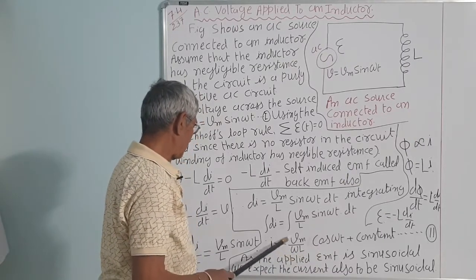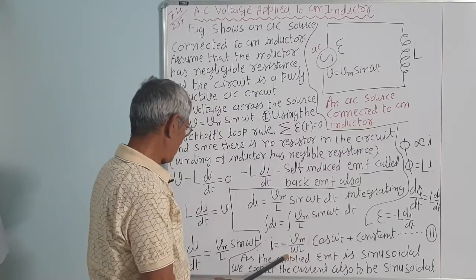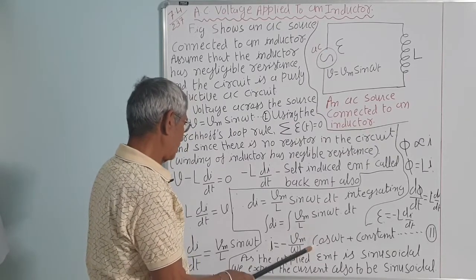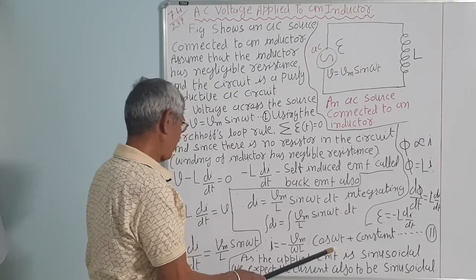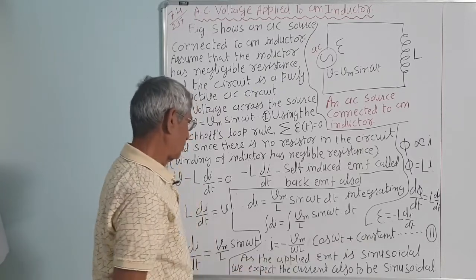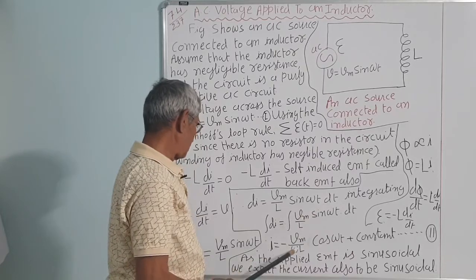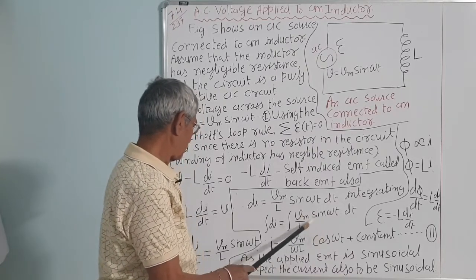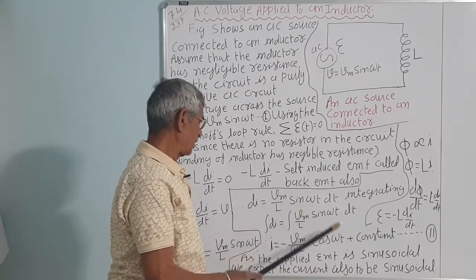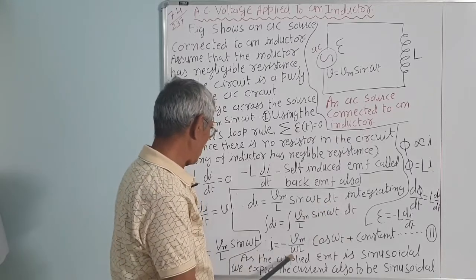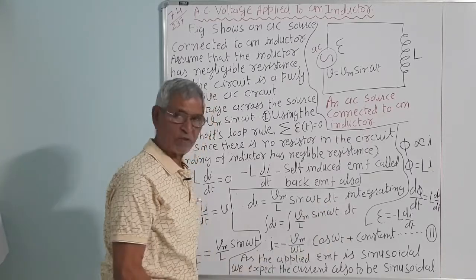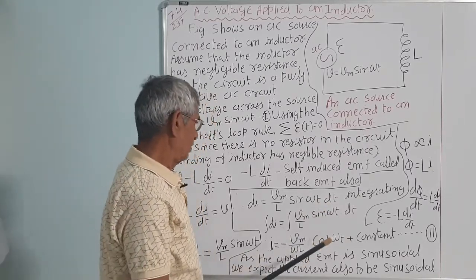So that is equal to minus Vm upon omega L cos omega t plus a constant, correct? The integration of sin is minus cos, with 1 upon omega, plus a constant.